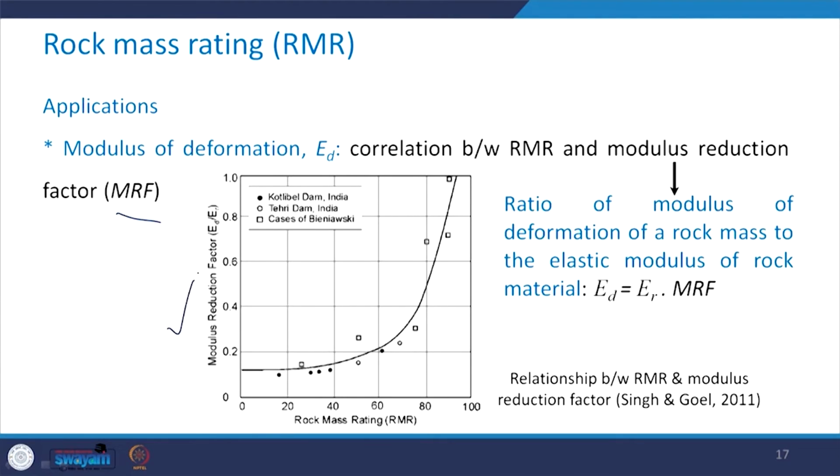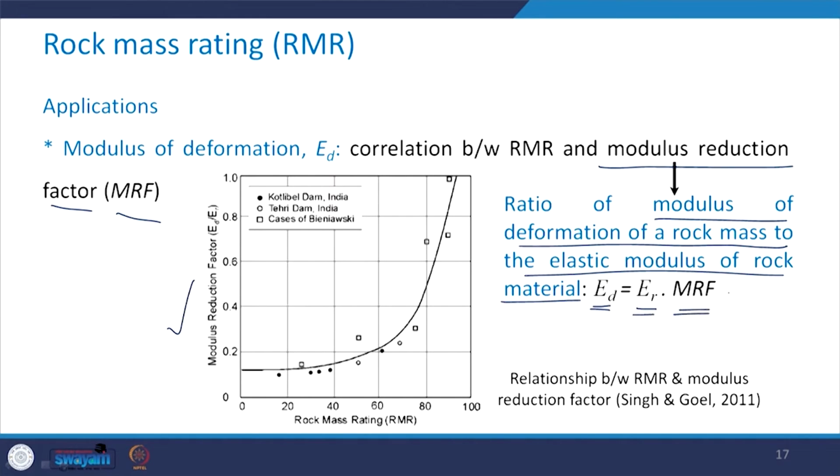This factor, modulus reduction factor or MRF, is defined as the ratio of modulus of deformation of the rock mass to the elastic modulus of the rock material. When I say elastic modulus of the rock material, I am talking about the intact rock. So the deformation modulus will be the elastic modulus of the rock material multiplied by this factor, MRF.